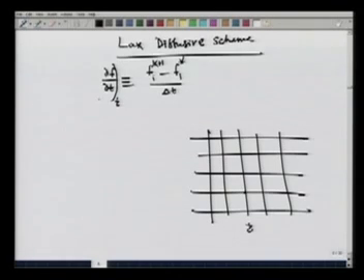For this particular node, I can write these equivalent algebraic terms, and this f is the functional value.